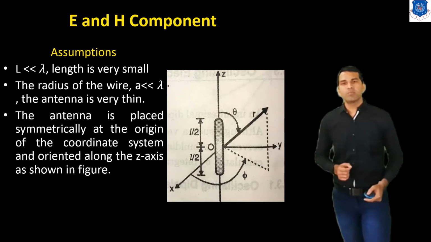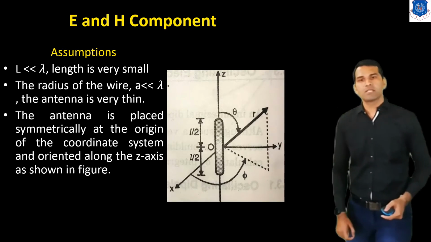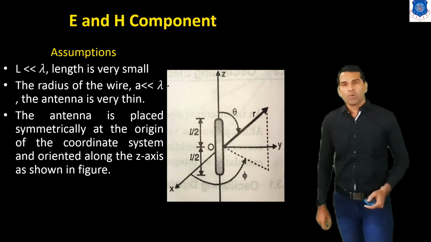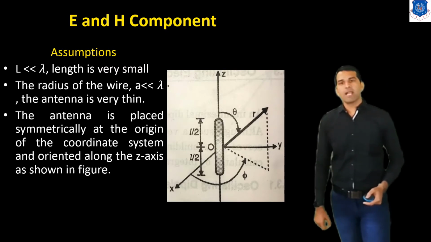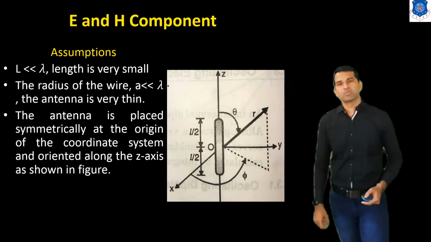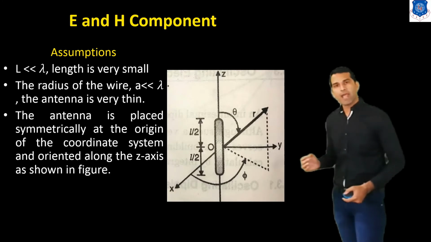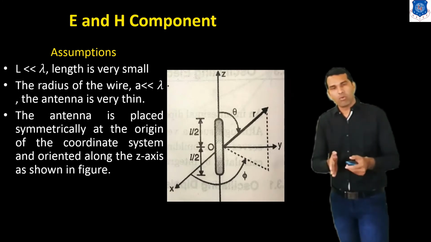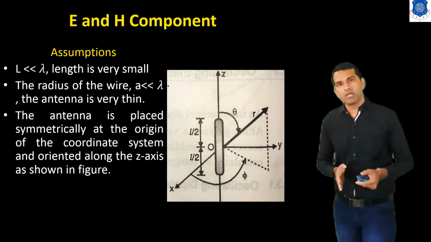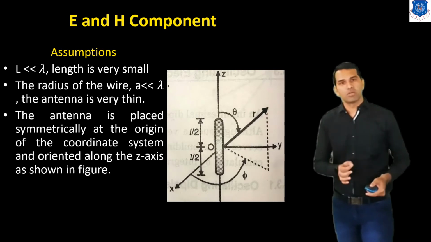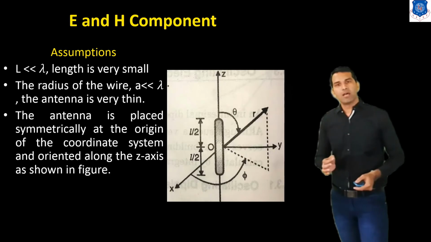The antenna is placed symmetrically at the origin of the coordinate system and oriented along the z-axis as shown in the figure. So the antenna is placed at the origin, that means 0, 0, 0 in x, y, z, and its orientation is in the z direction.